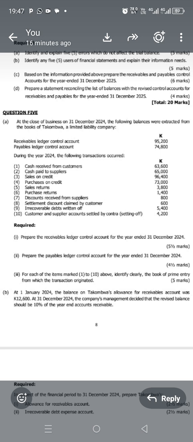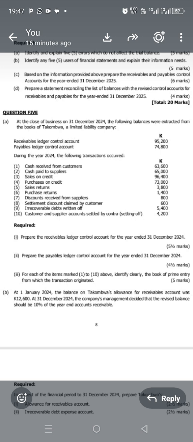Now what happens to the receivable ledger control account? How does it affect the receivable control account? Is it going to increase the receivable balance, or is it going to reduce? Of course, it is going to reduce the receivable balance.